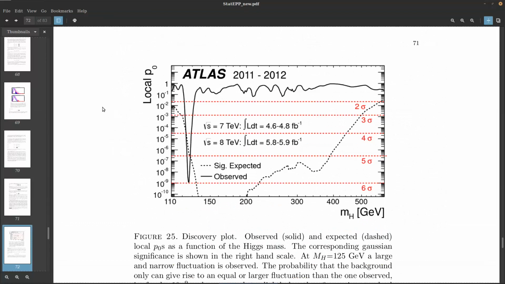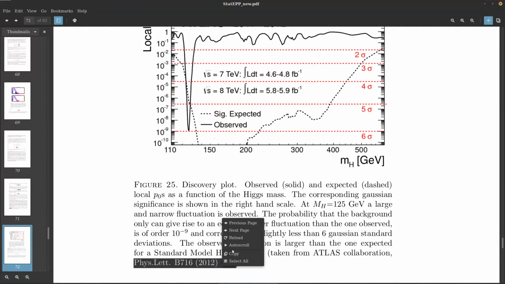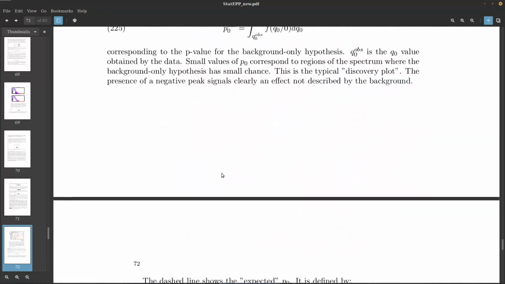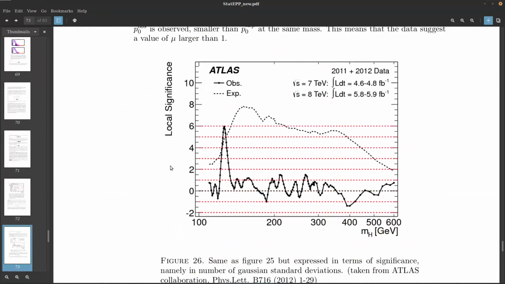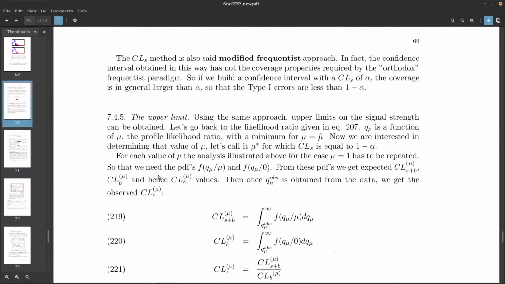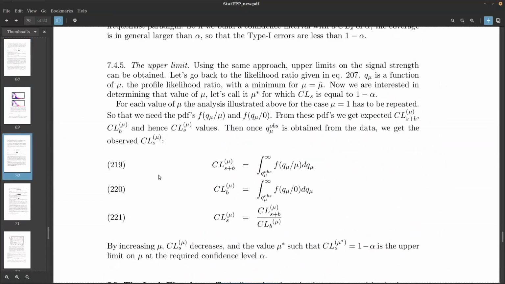This is from 2011-12, from this paper, Physics Letters B 716, 2012. So this is the discovery of the Higgs boson, by the way. This is the buzzword. This was one of the most famous plots around 2012. Let me see if this is the local significance over here, and so on. What is the background and signal? Did he anywhere put that background and the signal?